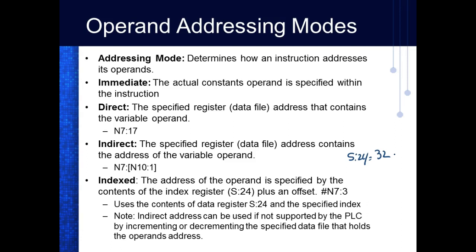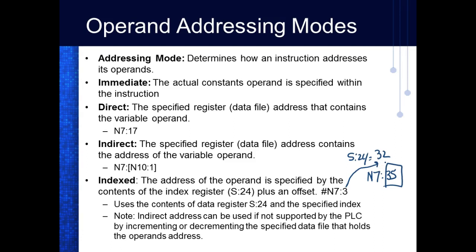So somehow I got 32 into the index register, and then I encountered this instruction. What would the address of the operand be? The address of the operand would be N7:35. We take the offset, add it to whatever is in the index register, and that becomes the address of the operand.